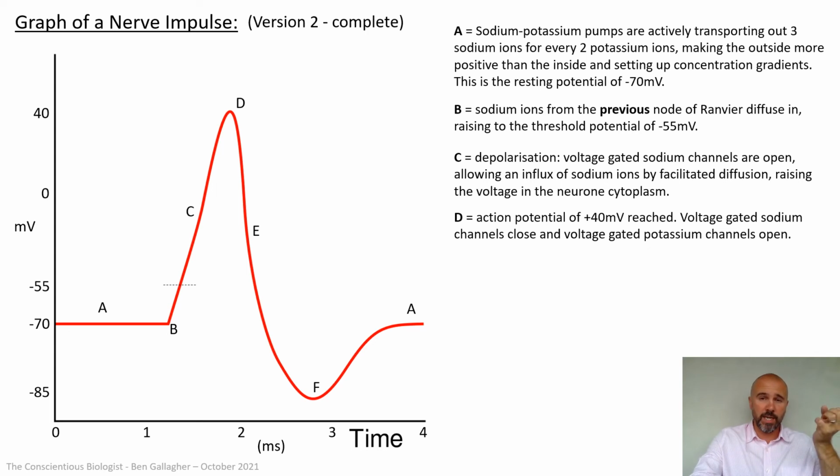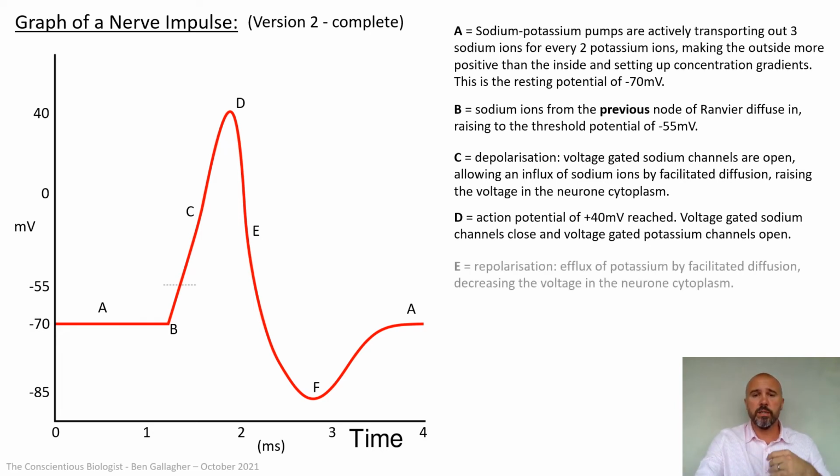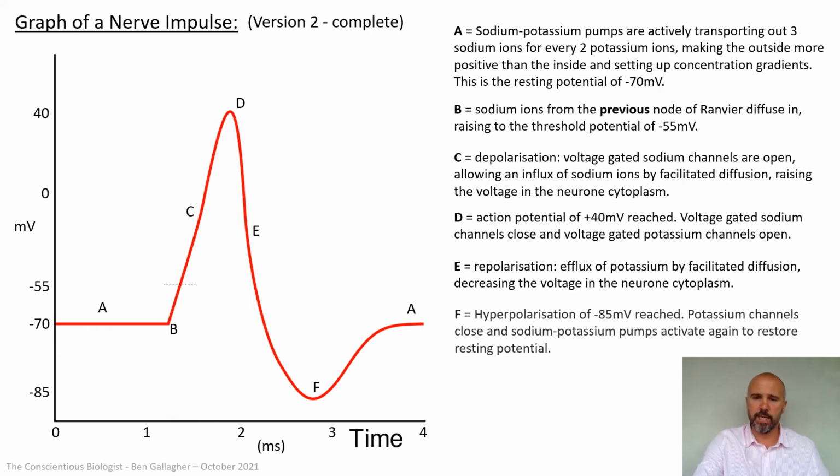Voltage-gated sodium channels can now close. That's important to remember for in a couple of minutes. Those channels close, the voltage-gated potassium channels can open. So at E, we get this efflux, this exiting of potassium ions by facilitated diffusion because of their concentration gradient. It goes too far though, and it takes us down to F, which is the hyperpolarization of -85.